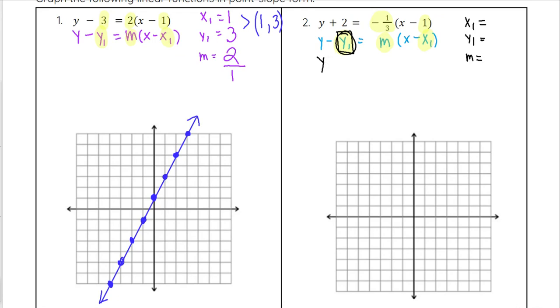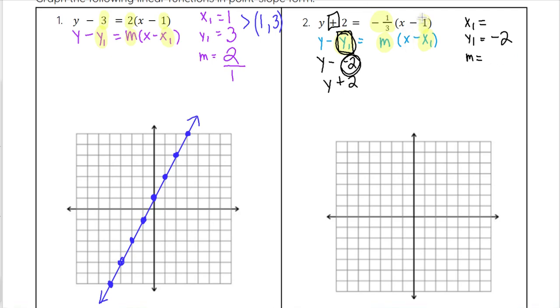So if I had written y minus negative 2, minus negative 2 is what becomes plus 2. So negative 2 is what goes in for y1 to turn it into this plus 2. It's essentially like the opposite of what it appears in terms of signs. So we see plus 2, that really means we put a negative 2 in that y1 spot.